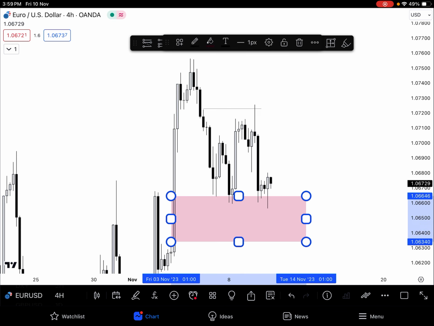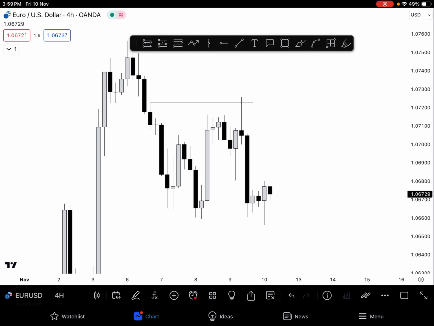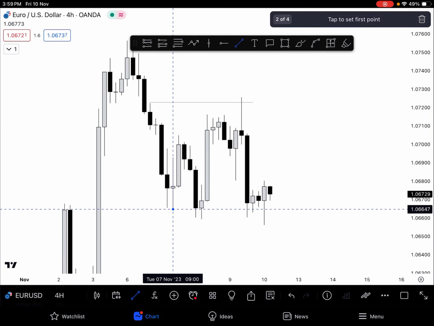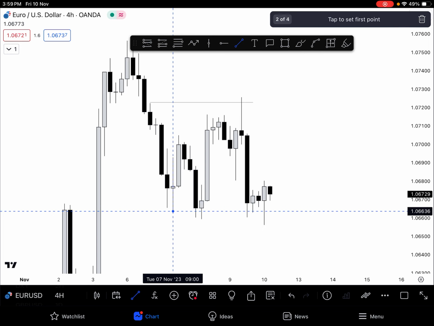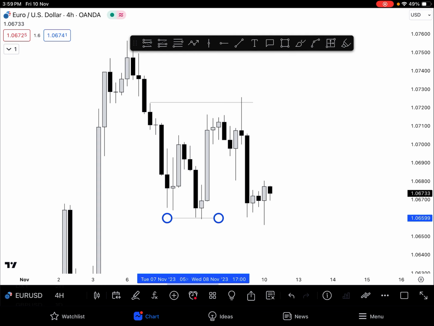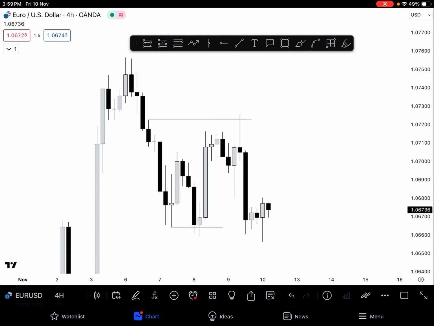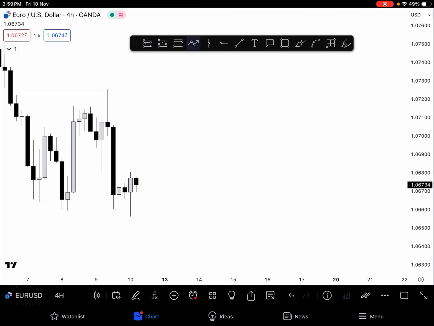The first and most important thing is that price rejected these lows, and after rejection it shows us the expansion. If you have an idea about what optimal trade entry is, fine, and if you don't know, I will explain here just now.